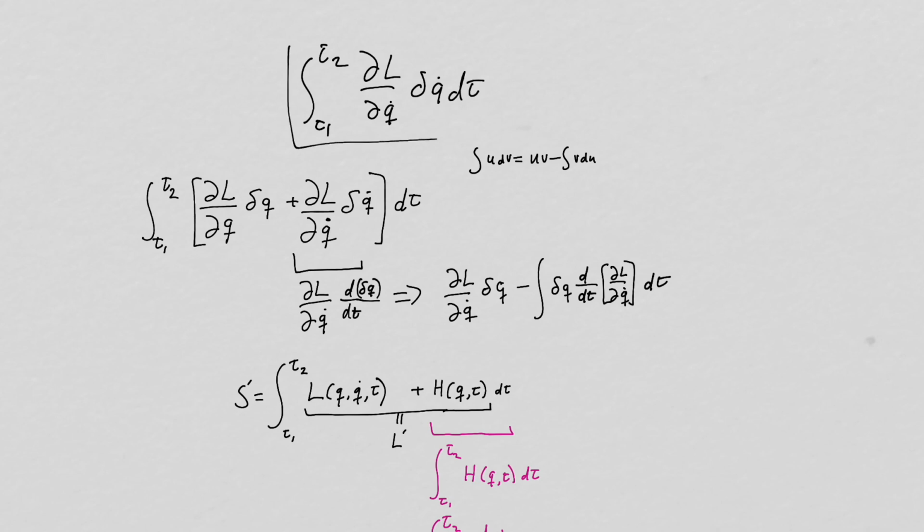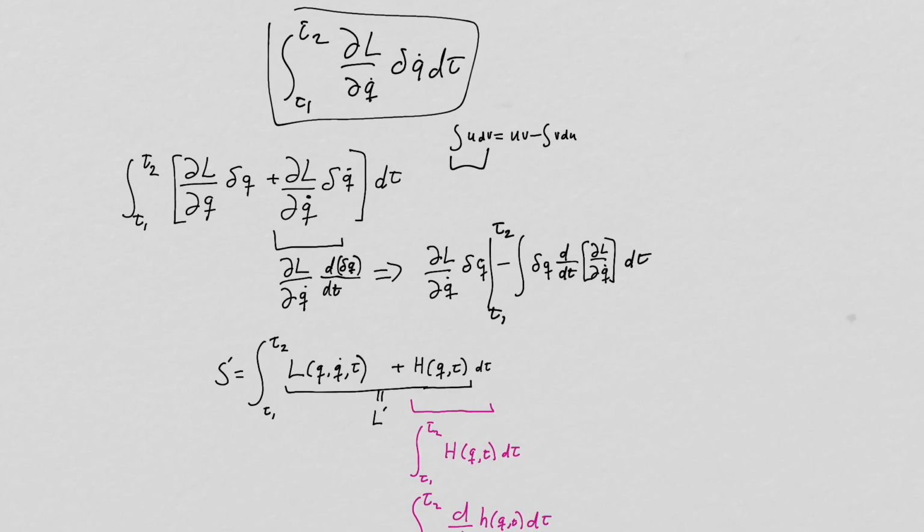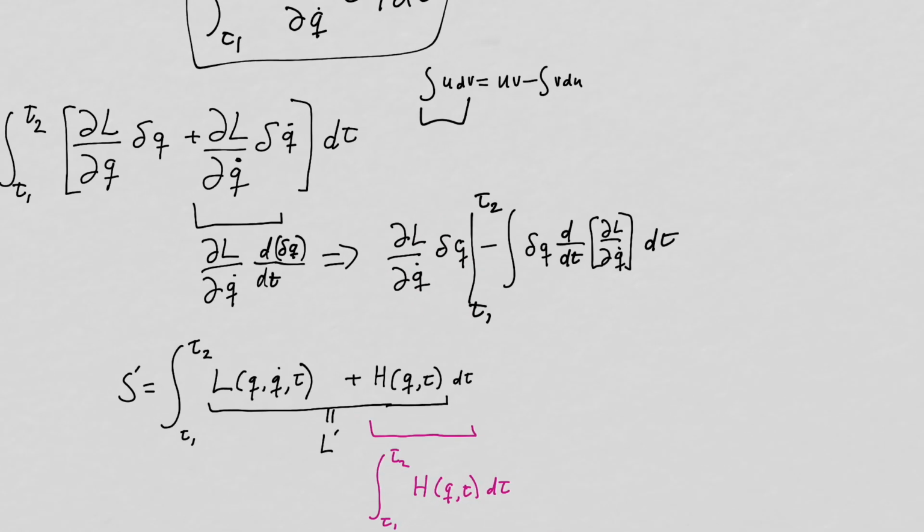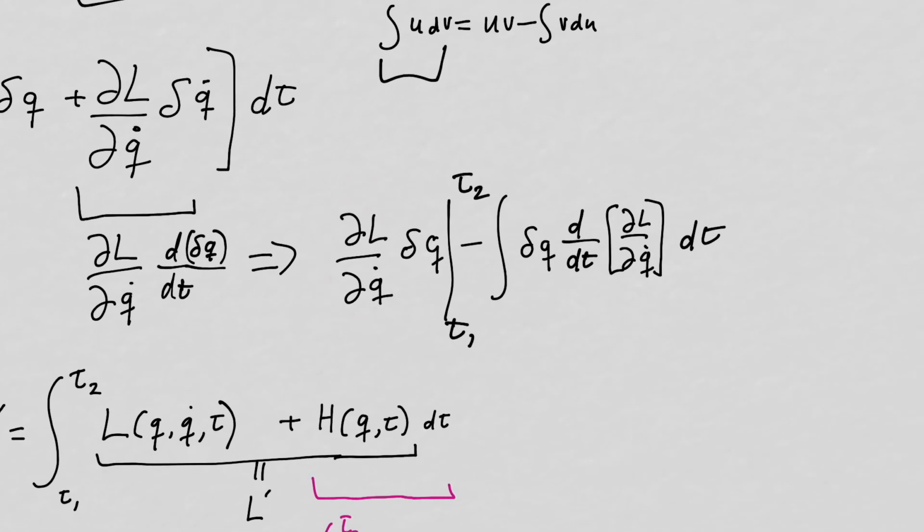This is the piece that's actually under investigation, right? That's the left-hand side of our work. So when we do this, we end up with t1 to t2 of what is called the boundary terms, right? These are the boundary terms, and then this is integrated from t1 to t2.